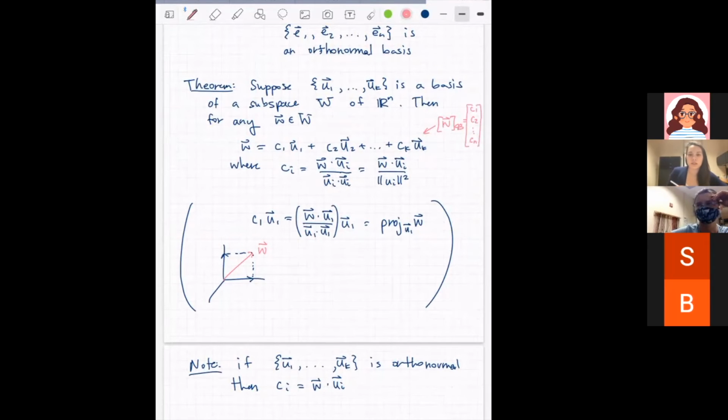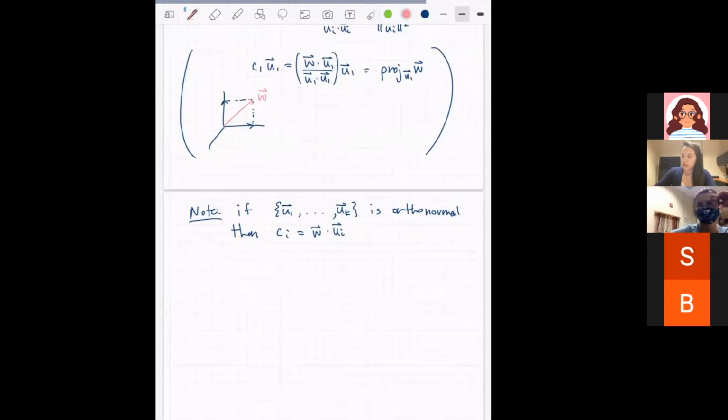That was the definition of the coordinate vector, and we use this notation for that, right?